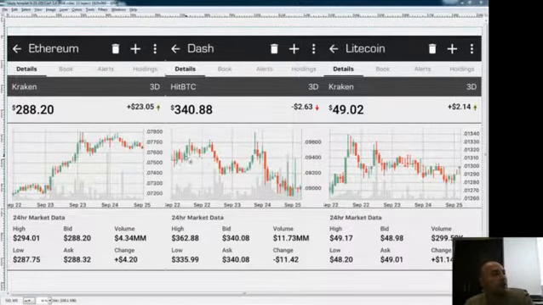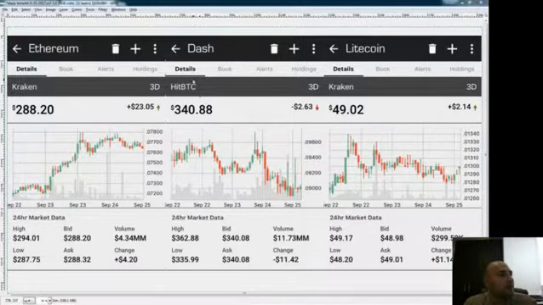A little while ago, 2 days ago, Bitcoin was going down, and everything was going down, but this Dash was going up. And I have Dash here as another exchange. Okay, I didn't realize that, but well.